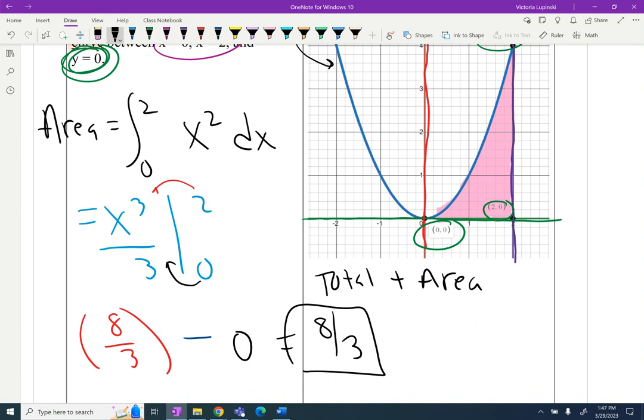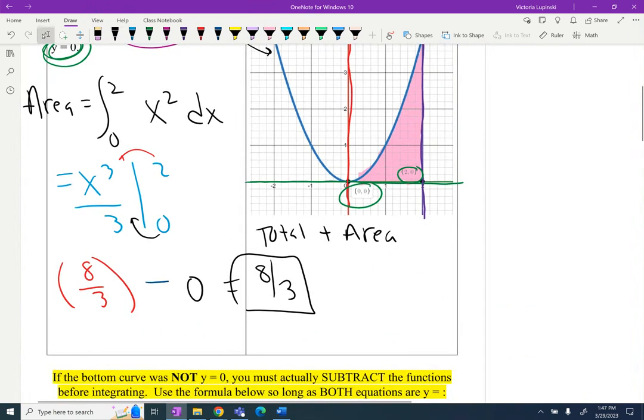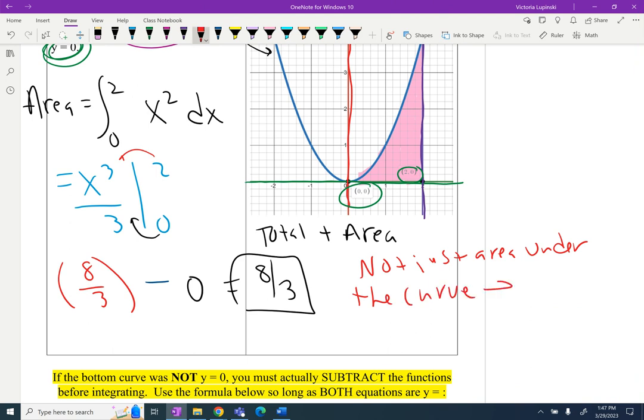So it doesn't seem like that's different than what we've been doing. So why is that actually different? So this is not just the area under the curve. It's the area between two curves.